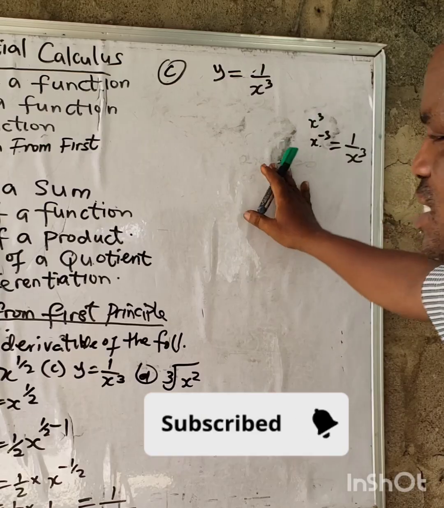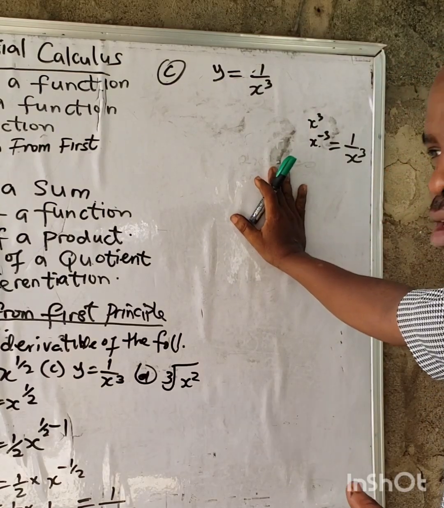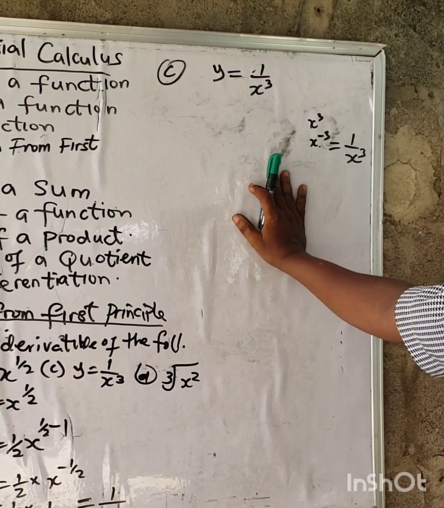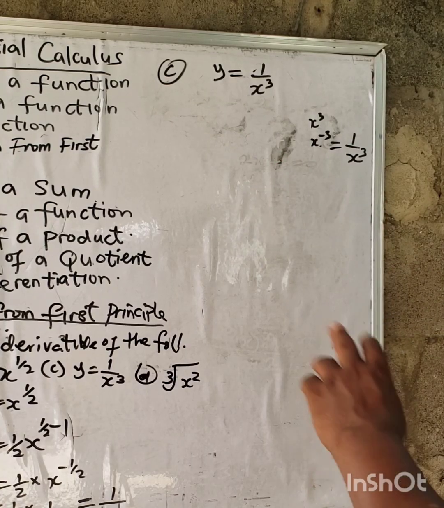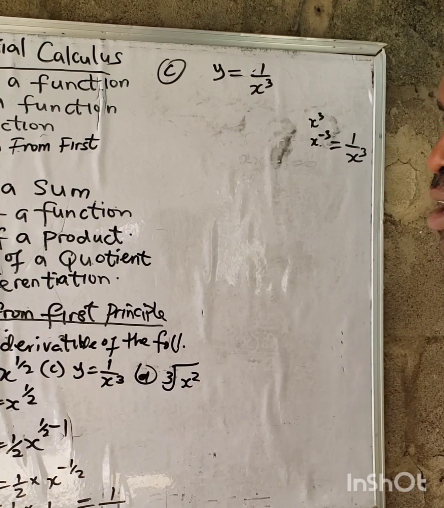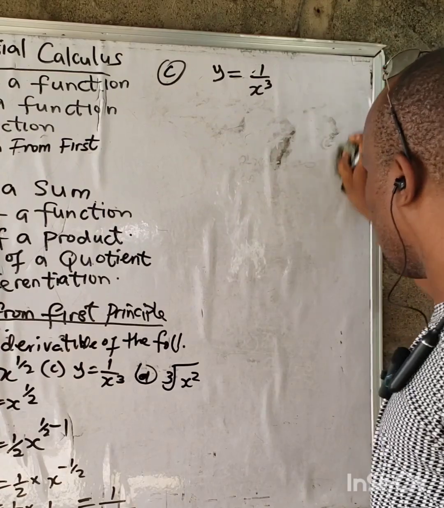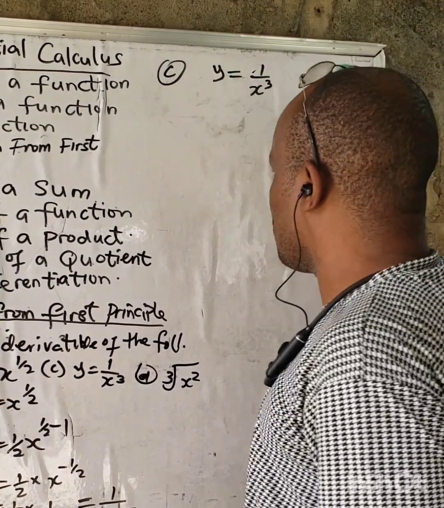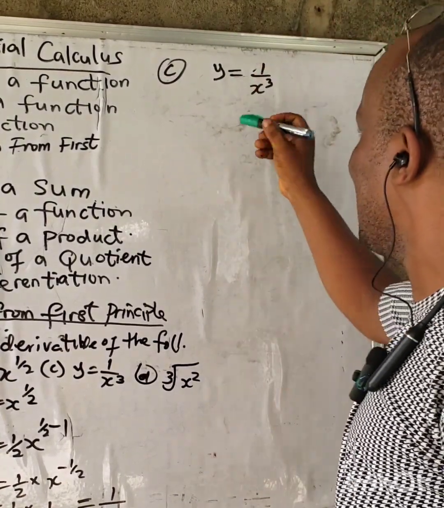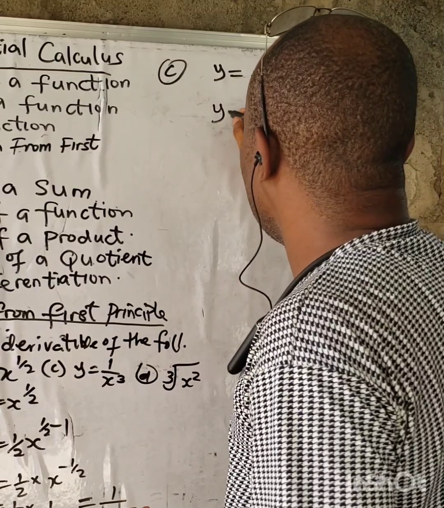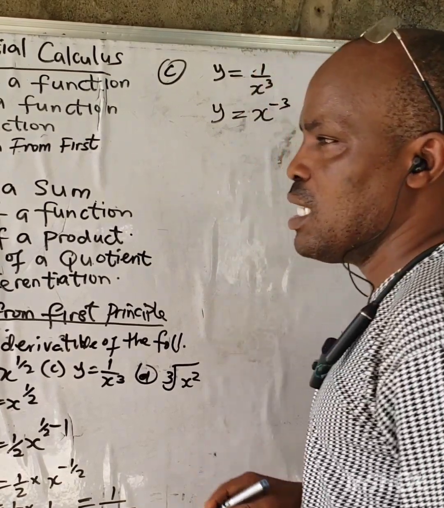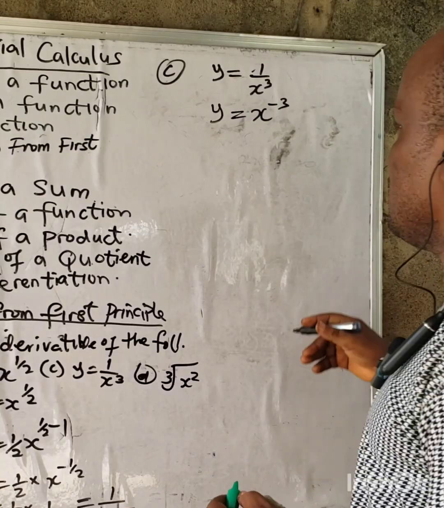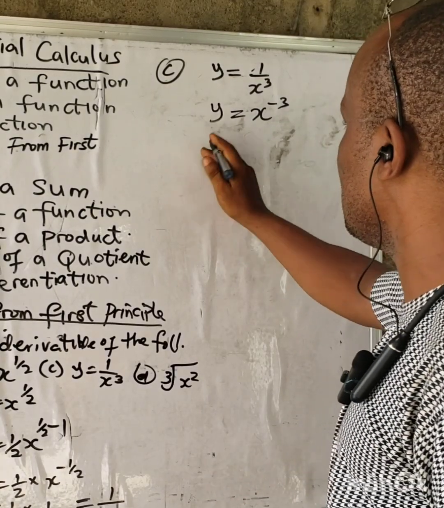The law of indices is very, very important in calculus, because there are some questions you need to take back to the former position it was before they put it into calculus. Now here, our y will be s raised to power minus 3. We can now differentiate the thing.